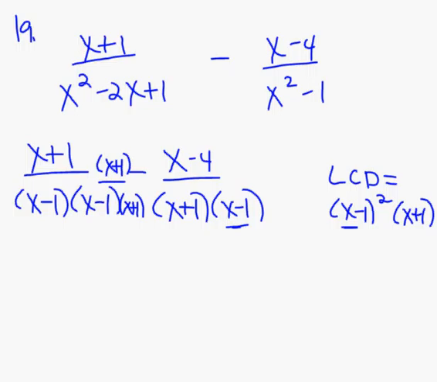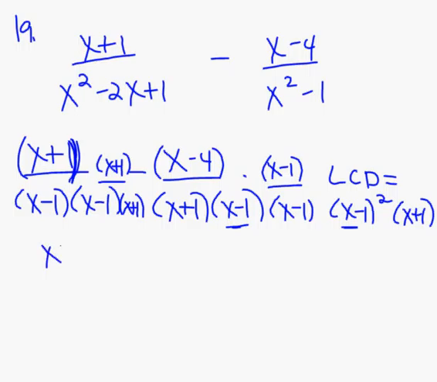When I look at the second one, what's missing is one of those x minus 1's, so I have to multiply the top and bottom by x minus 1. I'm going to put parentheses around these so that you can see what I have there. So now I have x minus 1 twice times x plus 1 in each of my denominators, and now I add my numerators.